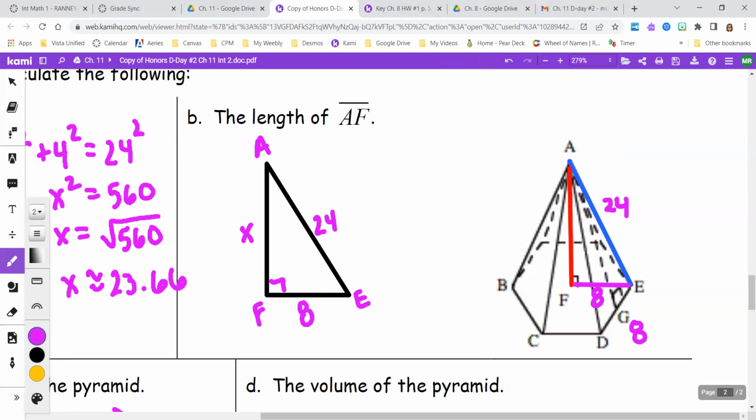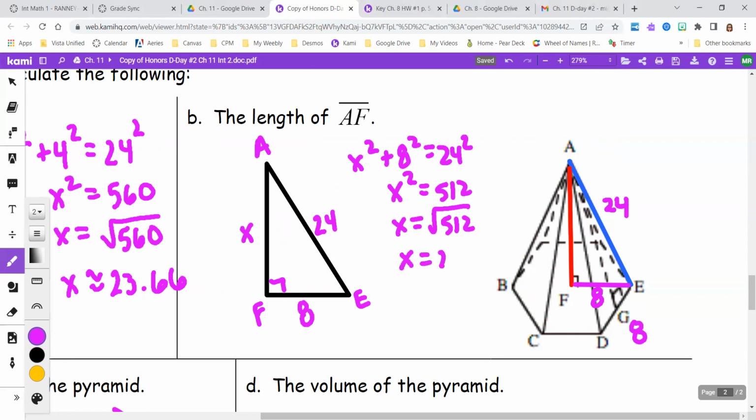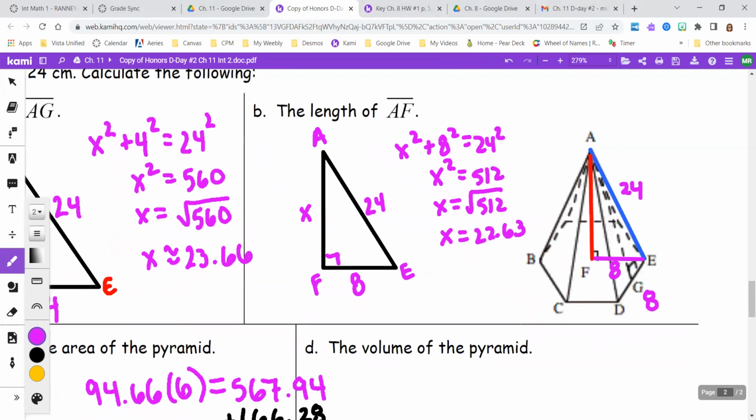So when I'm doing this, I'm going to have x squared plus 8 squared equals 24 squared. And when I do that math, I end up getting 512. I'm going to take the square root of that. And that is going to be a 22, let's say 0.63. That's going to be the height of this pyramid.